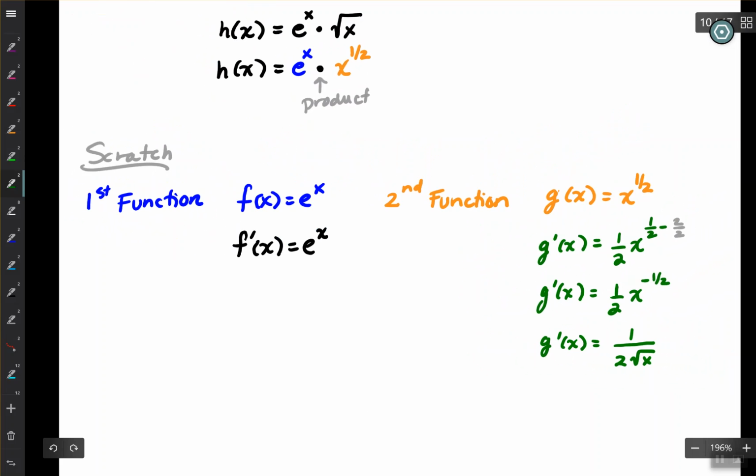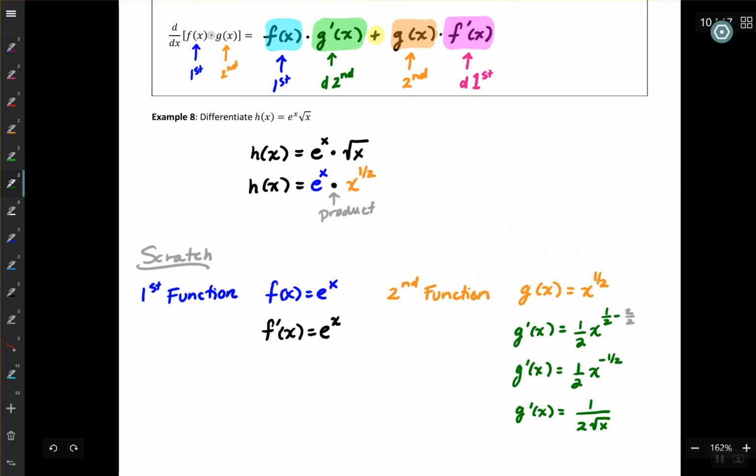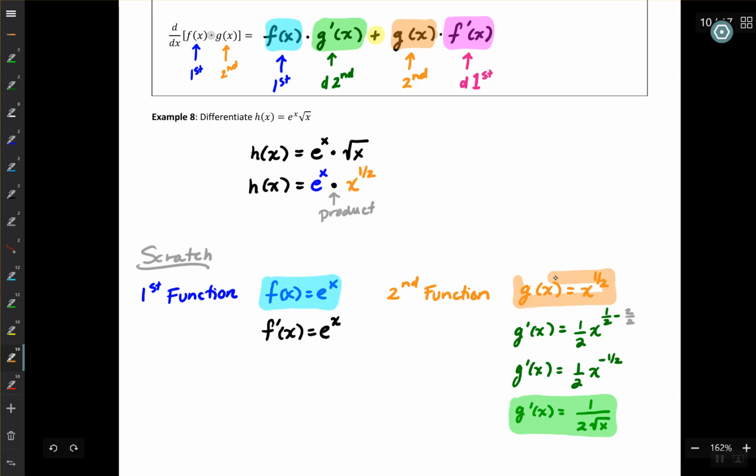So I now have all 4 pieces in product rule. I have my first function, f of x. I have the derivative of the second function, g prime of x, plus my second function, g of x, times the derivative of my first function, and the derivative of my first function is e to the x.